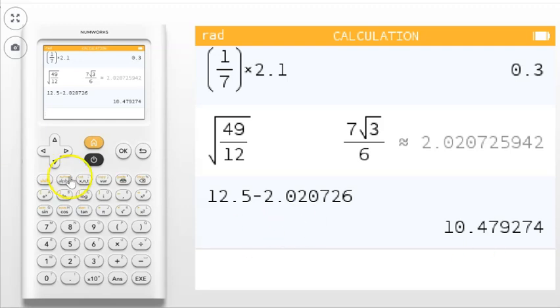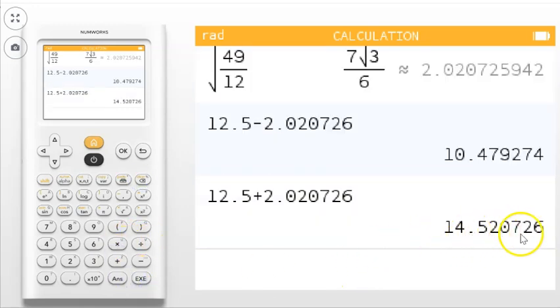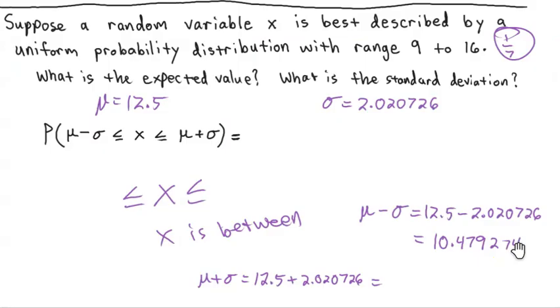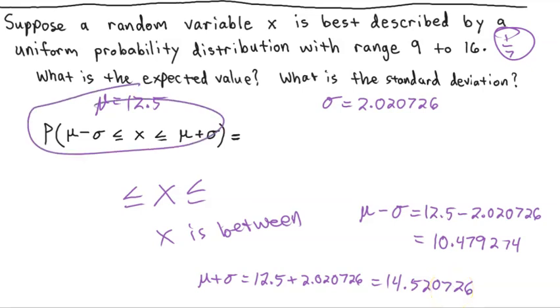So what I'm going to do here is go up and grab this question, the one we already did, and change the minus to a plus. And that's going to give us 14.520726.